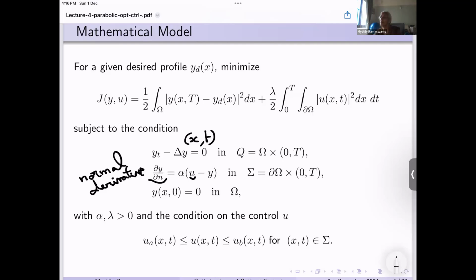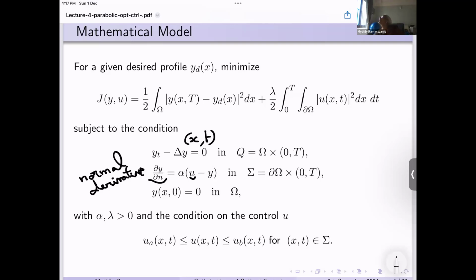So this is our model. Like before, I have a functional, except that the functional now depends on x and t. The functions depend on x and t, and the equation is a time evolving parabolic type equation, and the control is applied on the boundary.